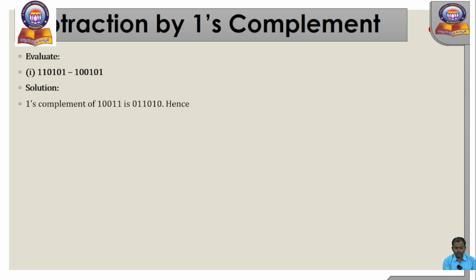So the 1's complement of this subtrahend is found by complementing the bits. Before performing this, I have to verify both numbers have the same number of bits. The minuend has 6 bits, and the subtrahend also has 6 bits.